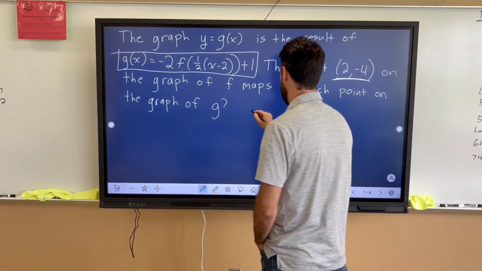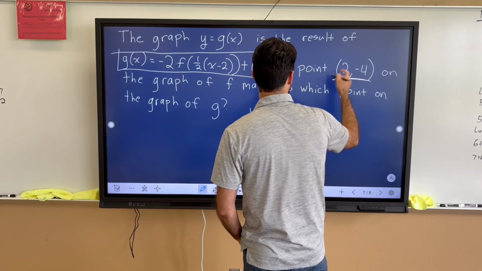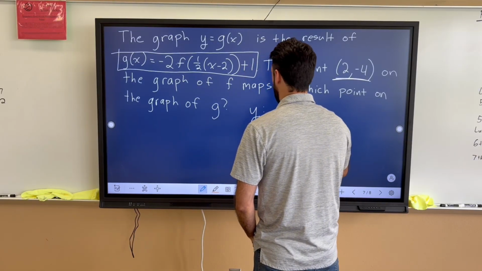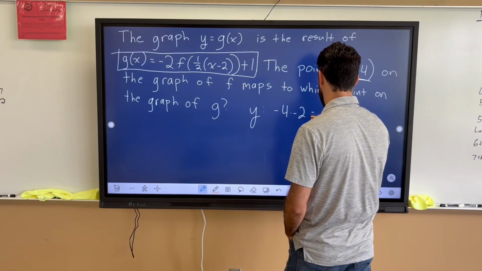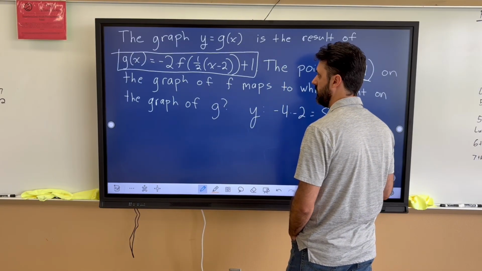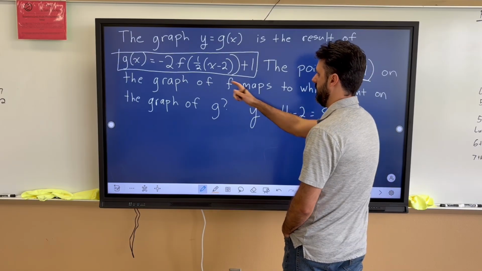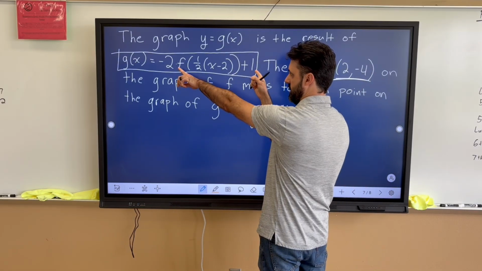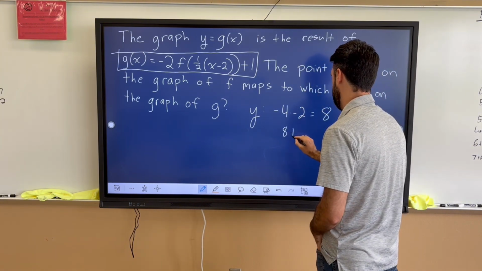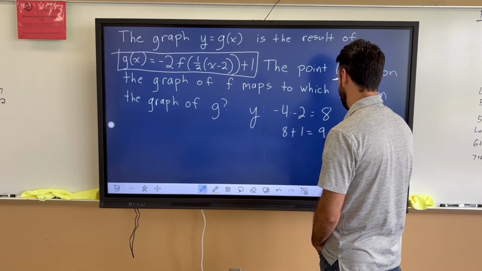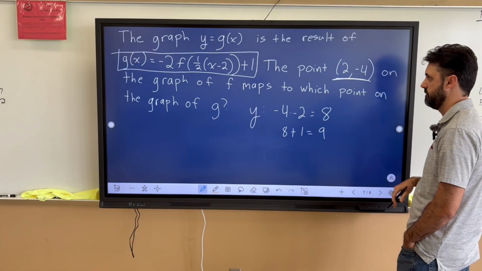So let's start with the y. Y was negative 4, but we are going to multiply it by that negative 2 to get positive 8. And then I'm going to jump to the end here because these are both on the outside. We can add 1. It's going to move it up 1. And so our new y value is just 9 when we do those two transformations.